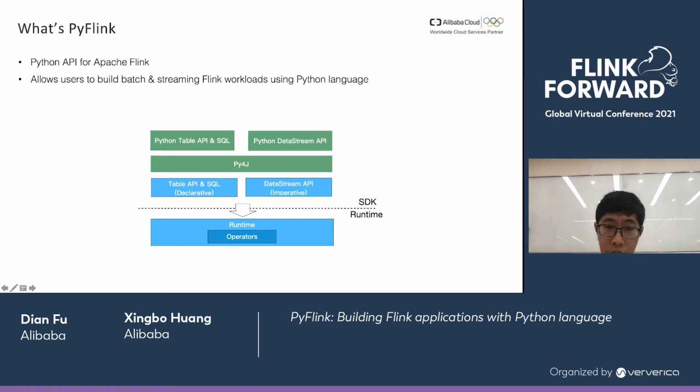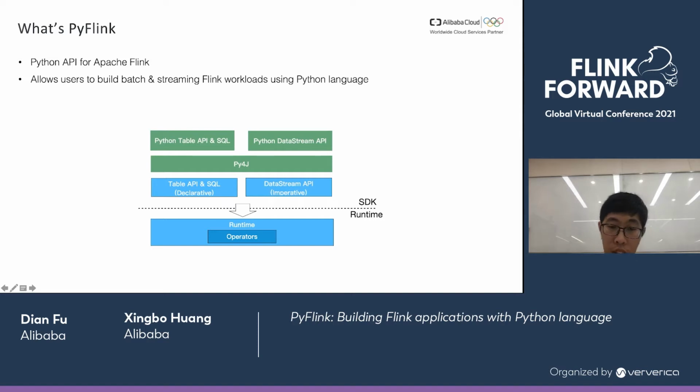Regarding Py4j in the figure, it is a third-party library which can help map a Python API to a Java API, so that we can easily describe Java jobs through the Python language. Next, let's talk about the role of the runtime. As we all know, Flink supports custom user-defined functions to extend the ability of the API.